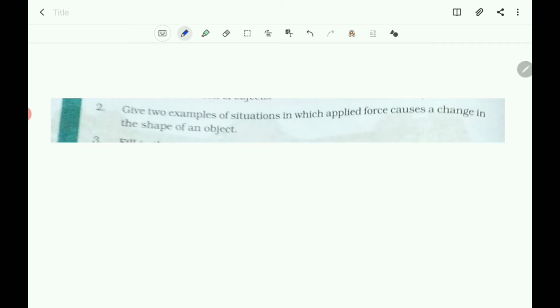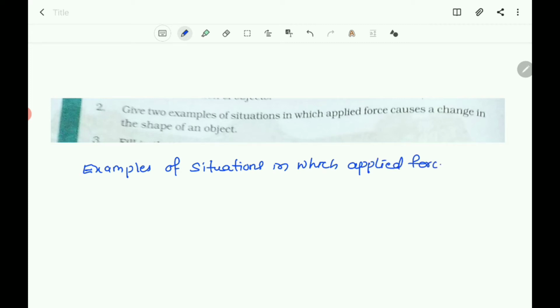So you take one example. Examples of situations in which applied force causes a change in the shape of an object.